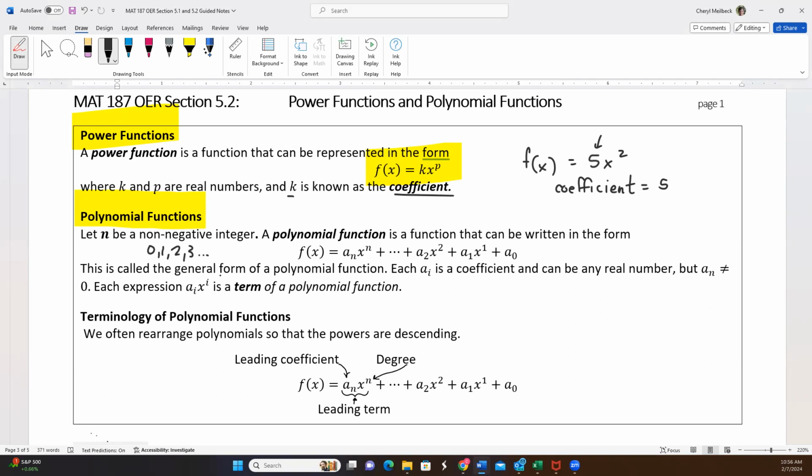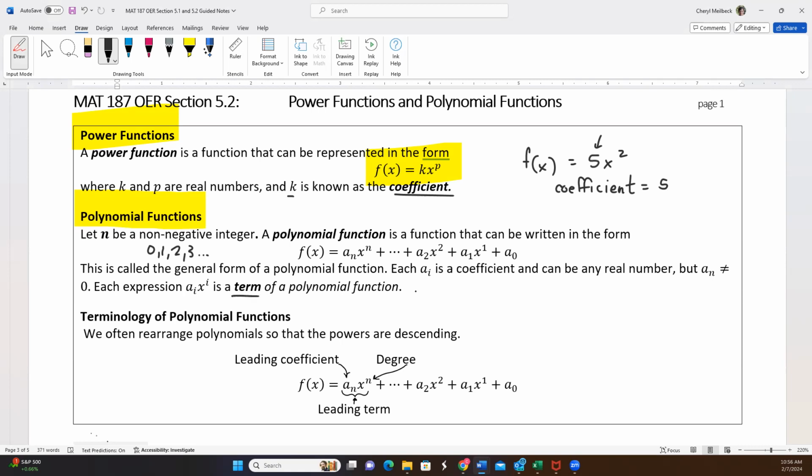Now, this is the general form of a polynomial function. Each a sub i is a coefficient and can be any real number, but a sub n cannot equal 0. And each expression is called a term of the polynomial.